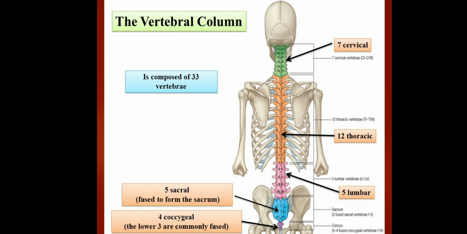Okay, let's proceed. So this is the representation of the vertebral column. This is the location of the 7 cervical, the 12 thoracic, and the 5 lumbar. So as you can see in the illustration, we can see where the types of vertebral column are located. Okay, so let's proceed.